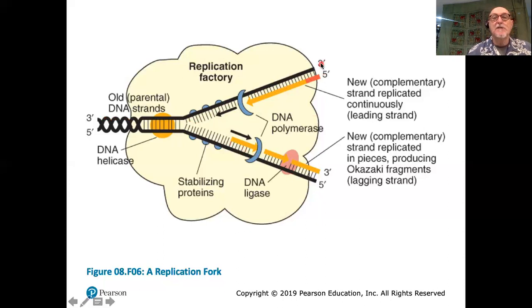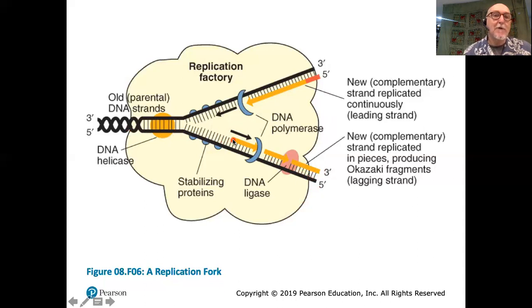Its orientation is opposite to this strand. Here's the old strand. There is its 5'. So if this is 5' and this is the 3', let's just take this here. We're going to have to add in this direction here. We're going to have to add in the opposite direction to the way the fork is opening.